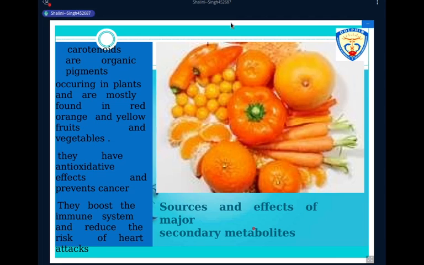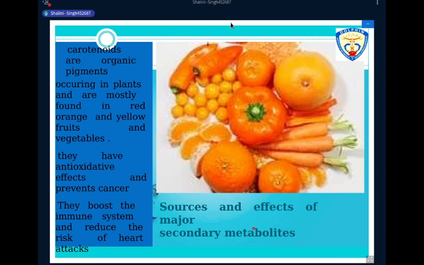So what are the sources and effects of major secondary metabolites? If you see these fruits, these are so beautiful, colorful fruits, very abundant in this season. So these are capsicums, oranges, carrots.